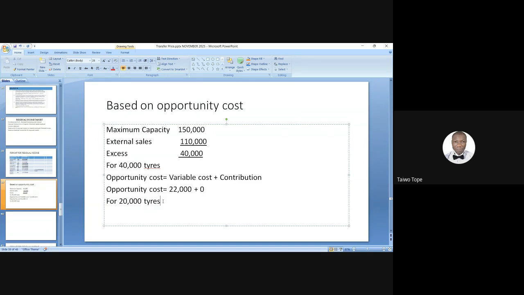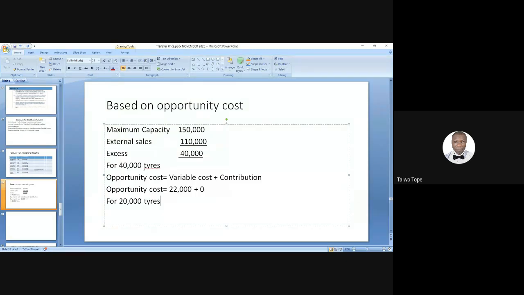Yes, it will be at the external market price because this 20,000 is factored in this point here. So division Y will have to buy at the external market price in which every other person is buying.